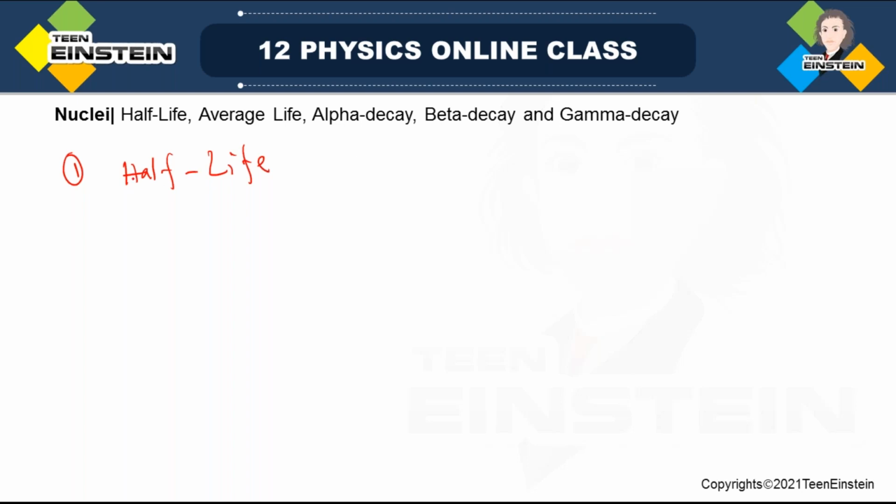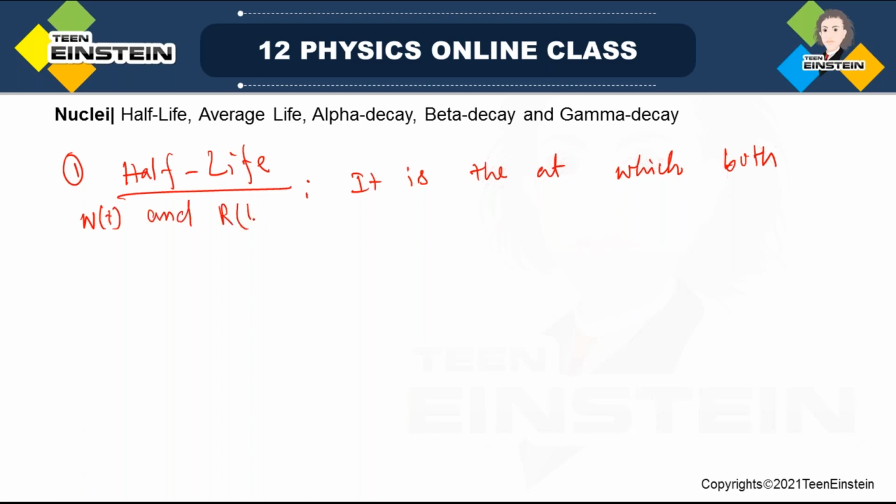How to define this half life? Half life is the time at which both N of t and R of t have been reduced to one half of their initial values.